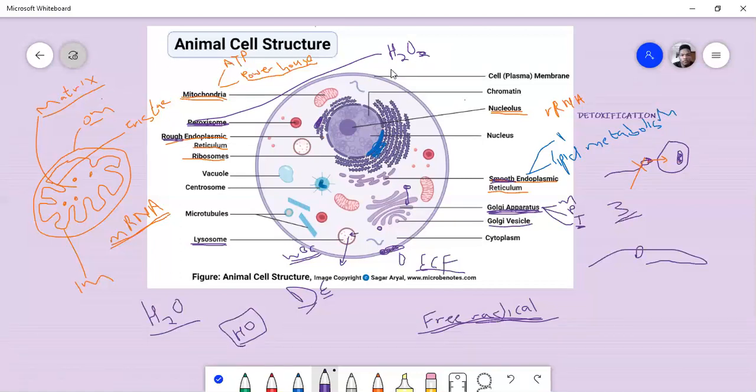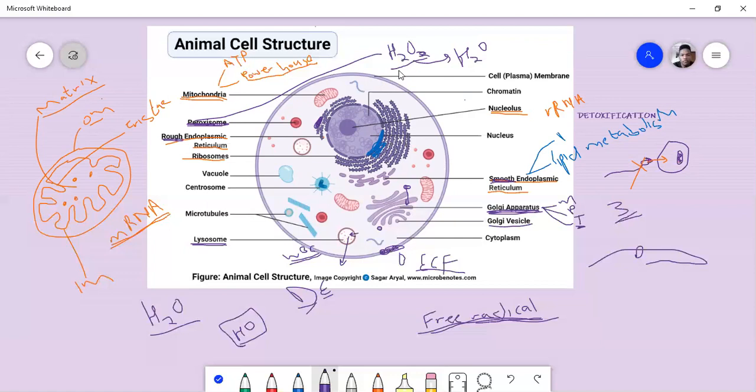And if there's excess of this, it can further convert this hydrogen peroxide to water. I'll repeat. Your peroxisomes convert free radicals to hydrogen peroxide. They can further convert the hydrogen peroxide to water. That is all you have to know about the peroxisomes.